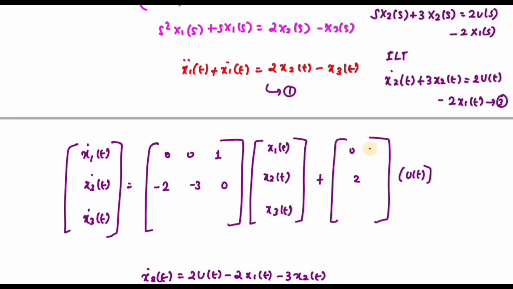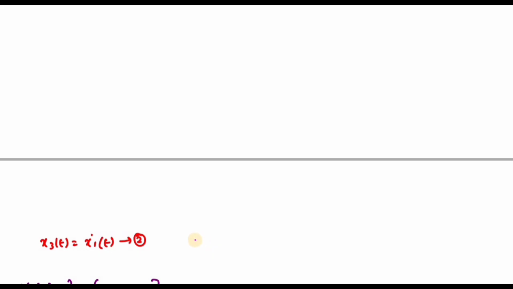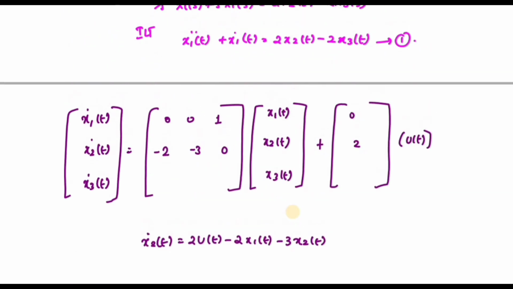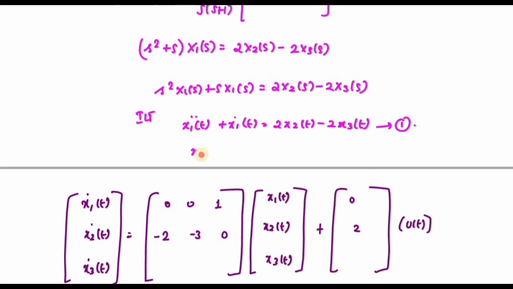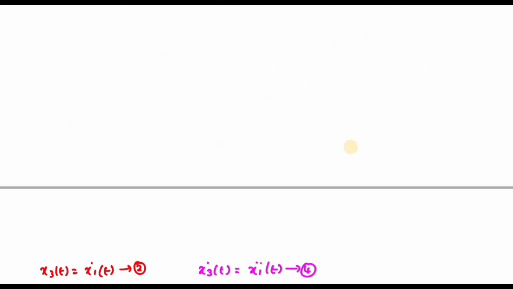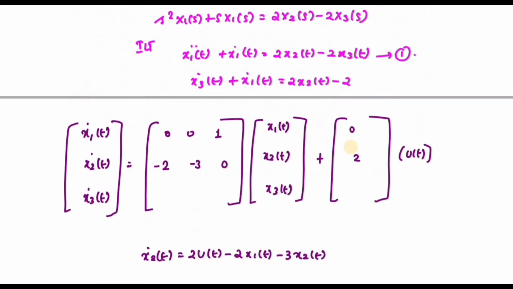So if I differentiate this one, I will get x3 dot(t) is equal to x1 double dot(t). So this is my fourth equation. You substitute the fourth equation in the first equation. So you will get x3 dot(t) plus x1 dot(t) is equal to 2x2(t) minus 2, instead of x3(t), x1 dot(t).